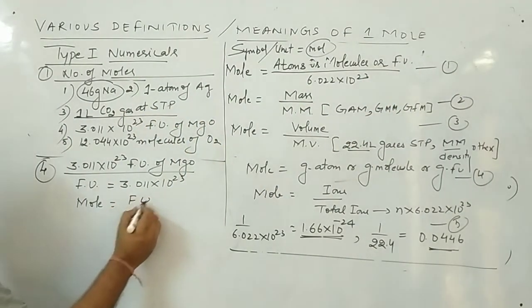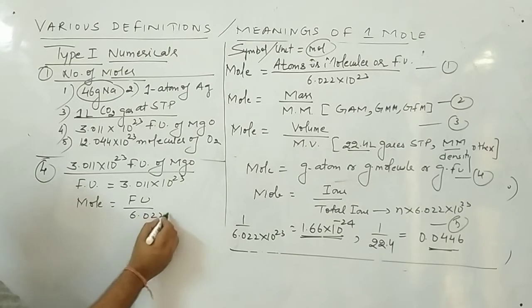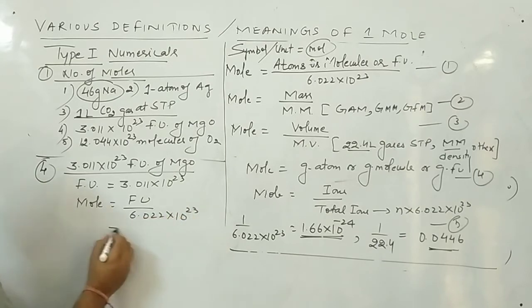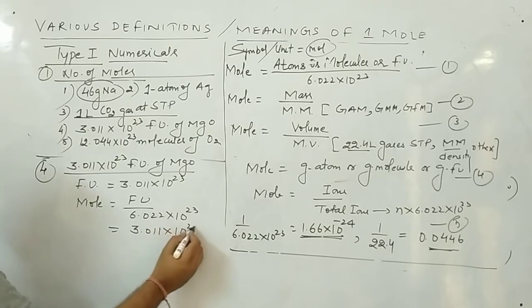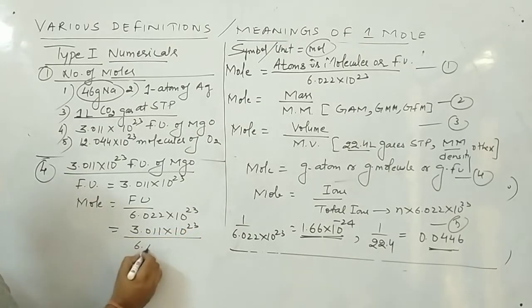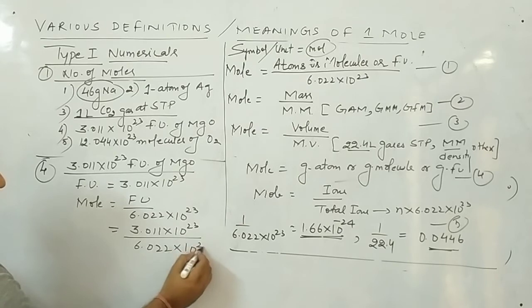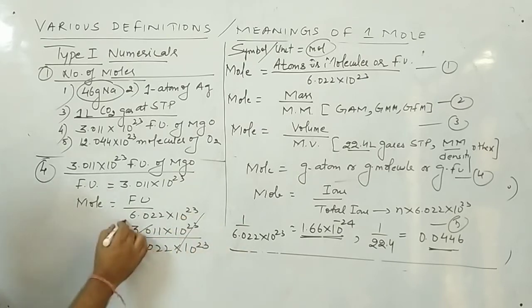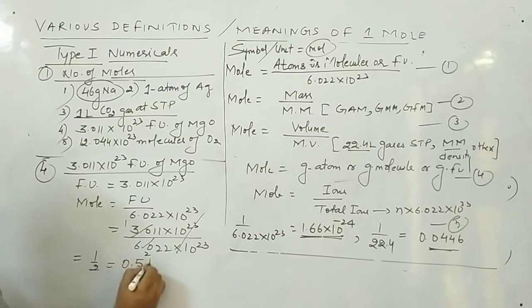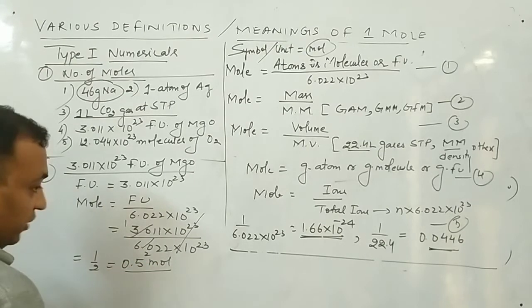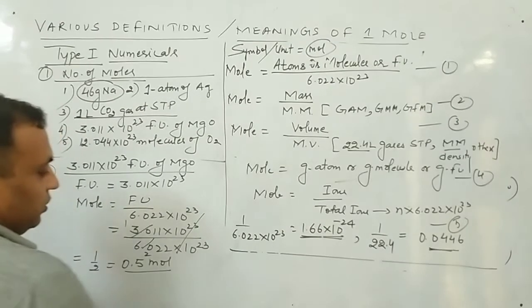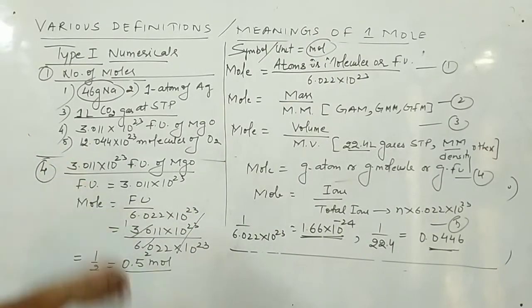I'll write formula unit upon 6.022 × 10^23. Formula units are 3.011 × 10^23 upon 6.022 × 10^23. This cancel out. This one, this 2, 1 by 2, 0.5 mole. Okay, so this is clear to all of you now. This is the fourth part.